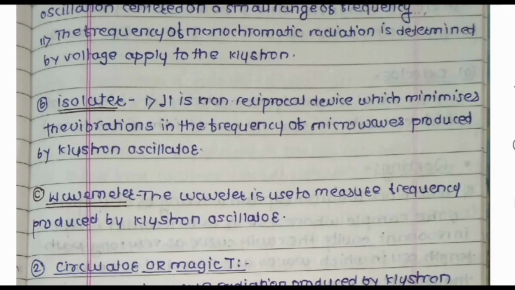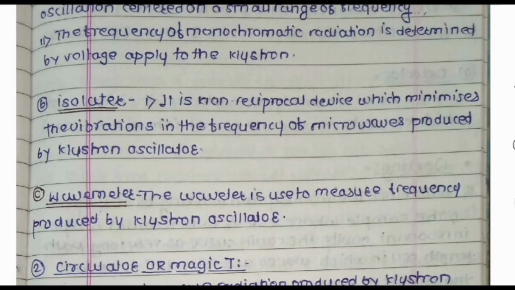It eliminates the higher as well as lower frequency waves from the desired frequency range. It is a device which minimizes the vibrations in the frequency of the microwave produced by the klystron oscillator, and it is used to prevent the reflection of microwave power back into the radiation source.